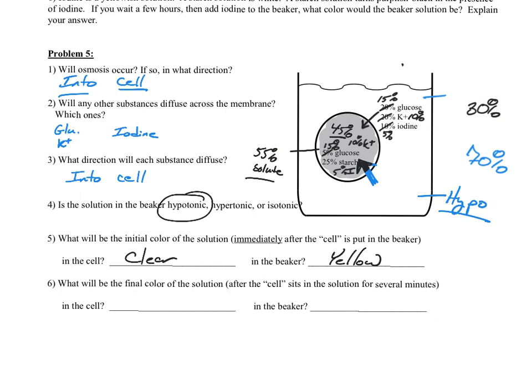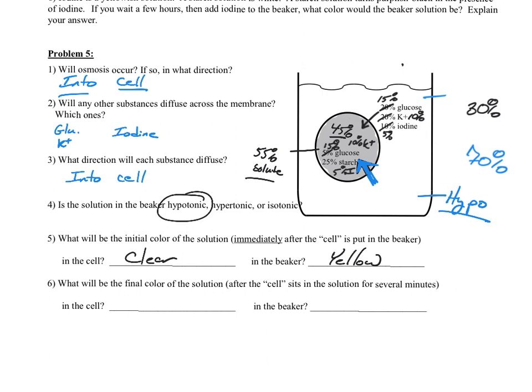The presence of what? Starch. So it's one of our indicators in biology. It's an important indicator for biochemical processes. So what color then is the outside? We already said it's still going to be yellow.